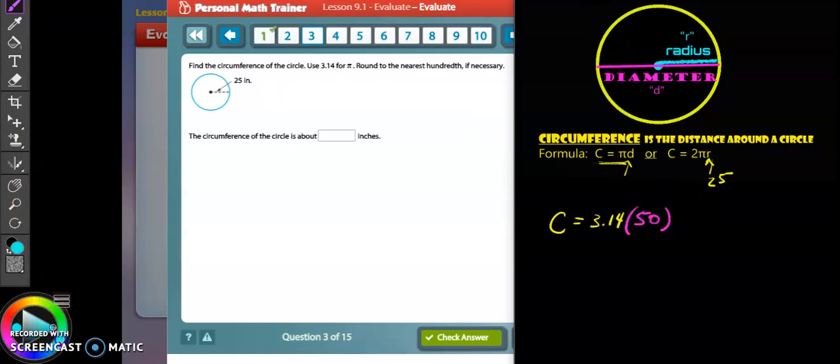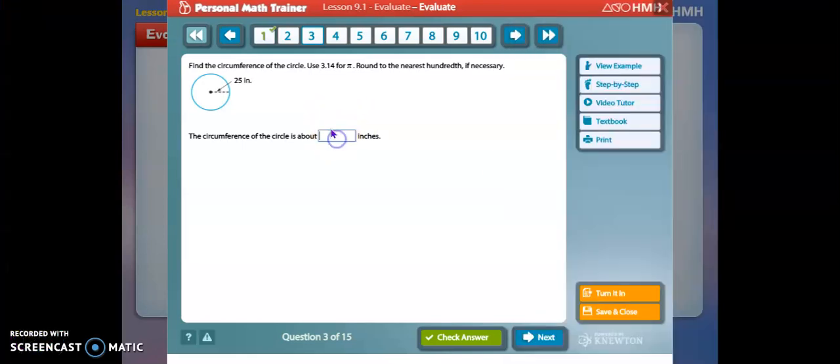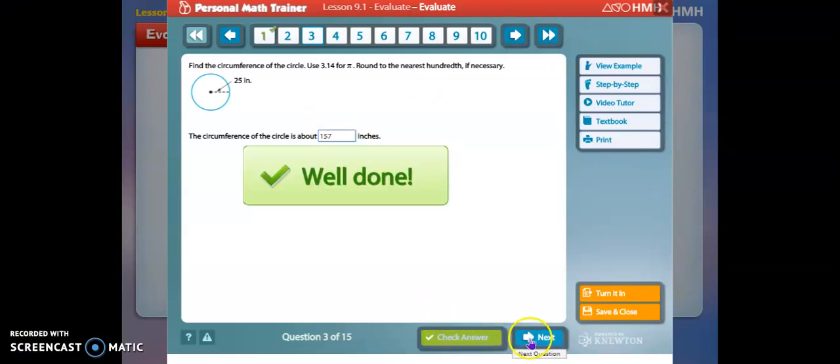They're telling you the radius is 25, so 25 and 25 makes the diameter 50. You can use a calculator here, and after using a calculator, we can determine that the circumference is 157, and this is just inches. So we're just going to type in 157, and we should be set.